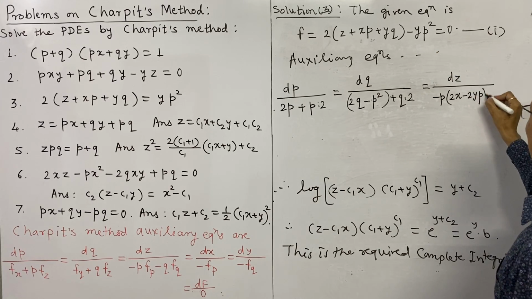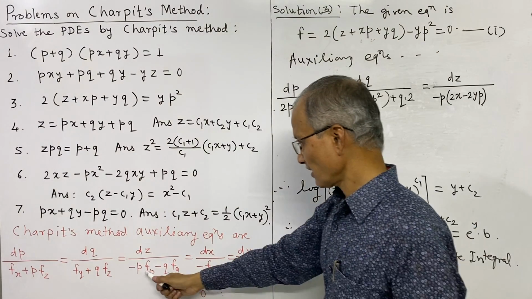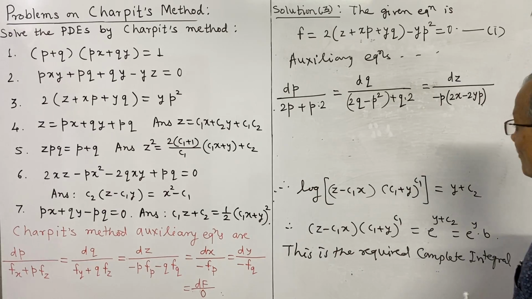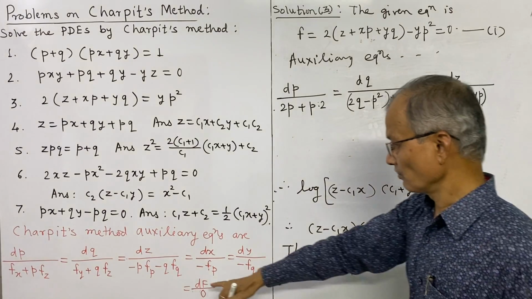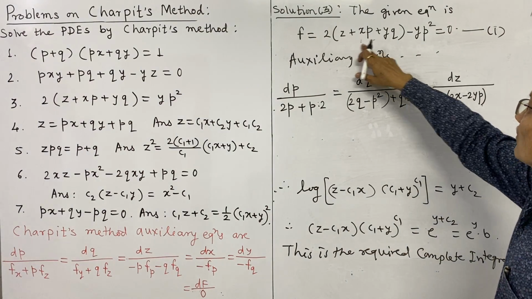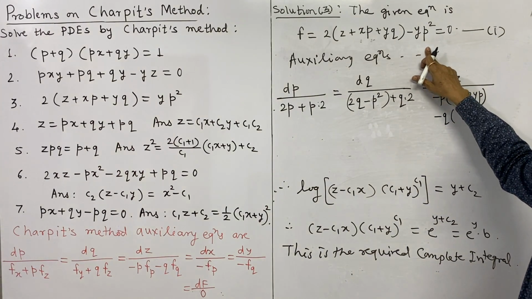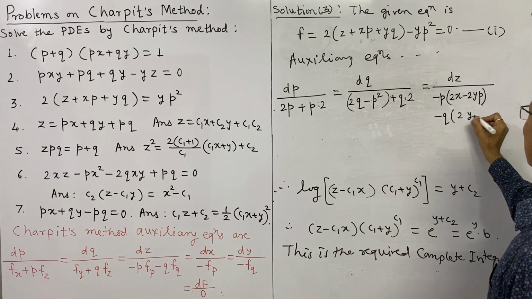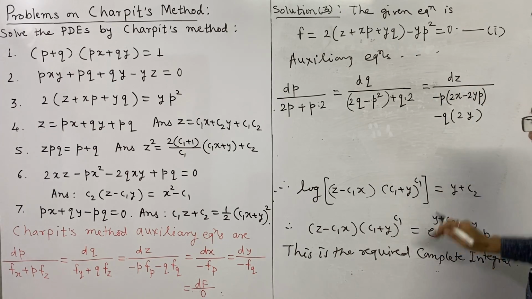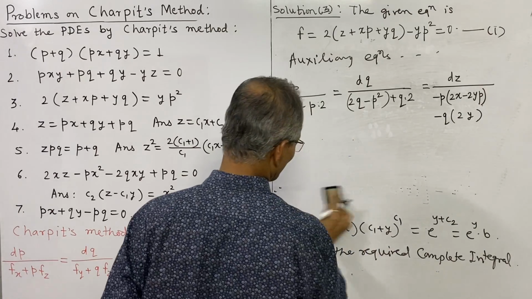Check it. This is p into fp minus what is q into fq. Fq, partial derivative of f with respect to q, and that is 2y only. So this is single term, dz upon this.